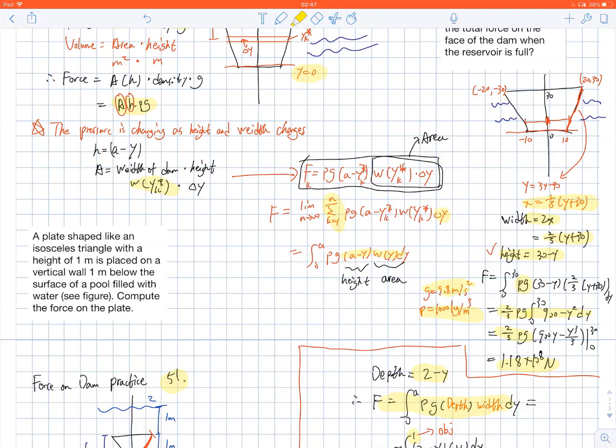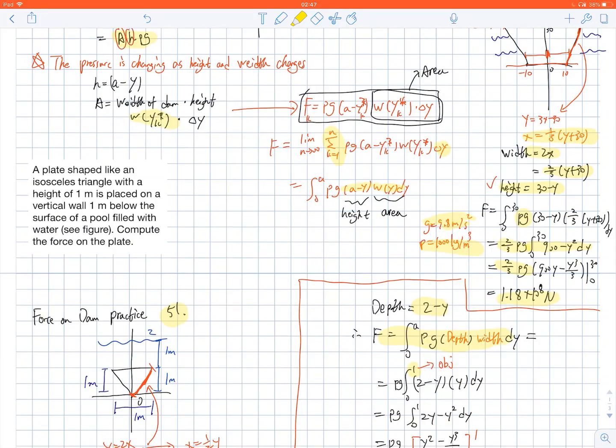However, doing that, we're only going to get half the width since we're only calculating from y equals 0 to the function, and thus the true width of the shape is going to be 2 times the function, so we get 2/3 times y plus 30.